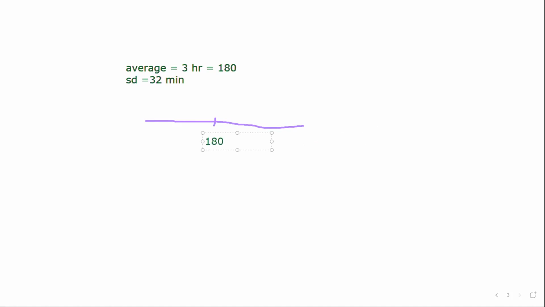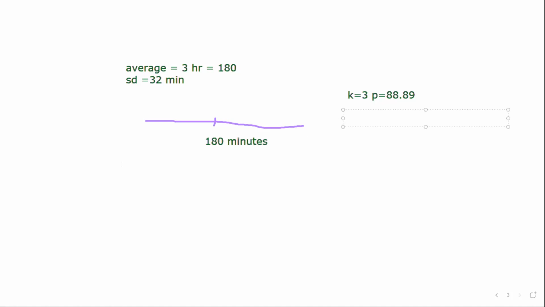The K was 3. Right, so here's 180 minutes. And we know that K is 3 when the percentage P is 88.89, right? So we have to go back 3 standard deviations.